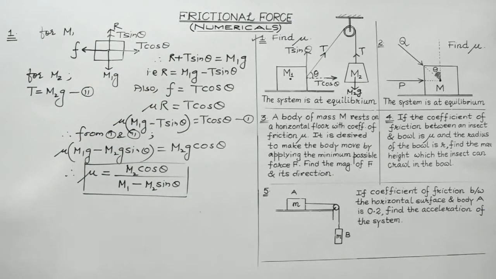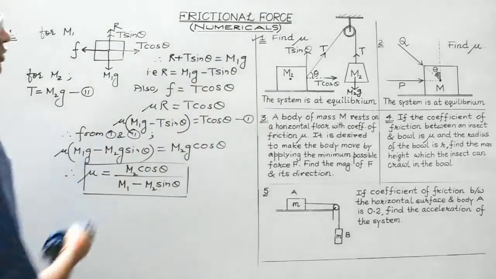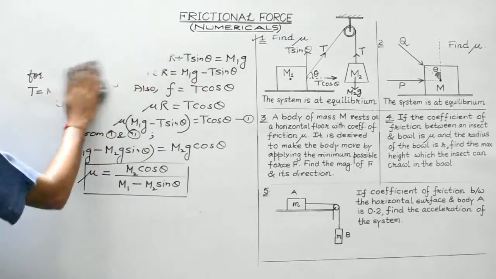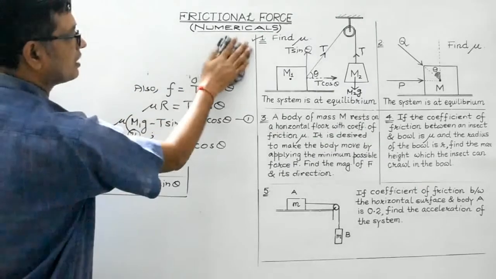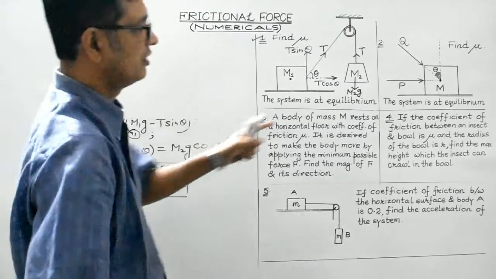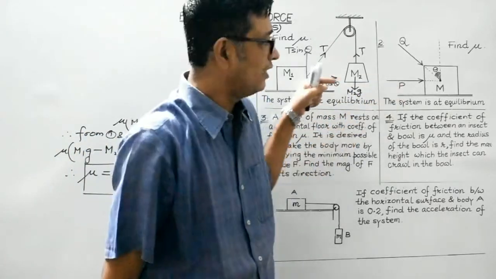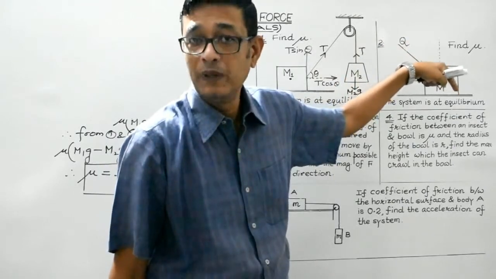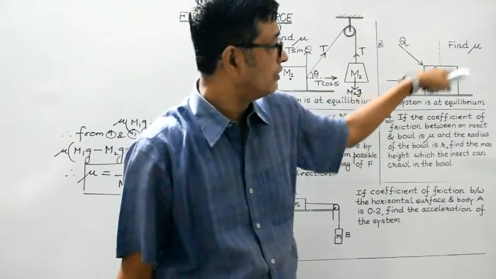The second question is actually similar to the first one. In the second question, a body of mass m is given and it is under the influence of two forces, force P acting horizontally and force Q acting obliquely, making an angle theta with the vertical.